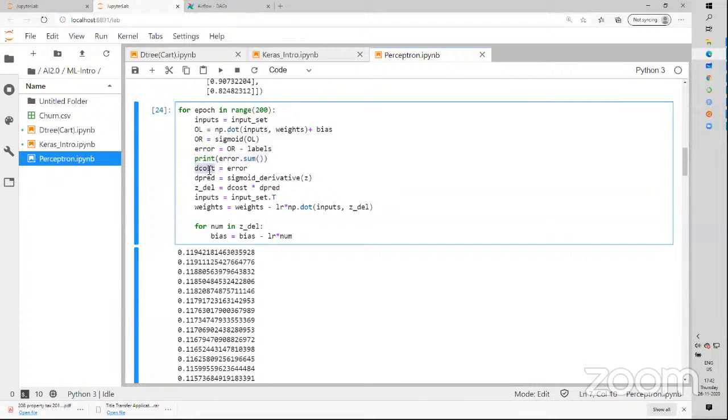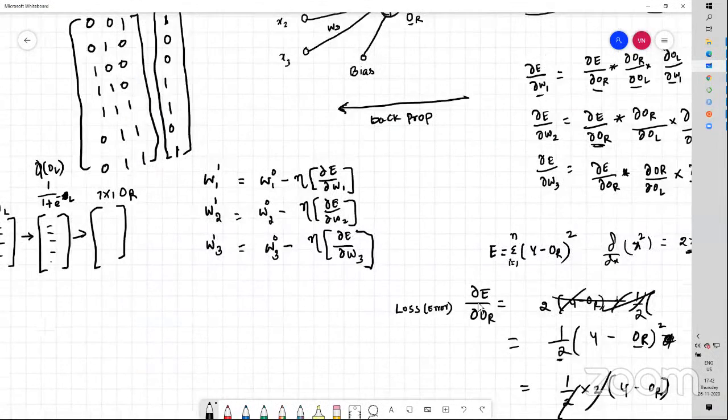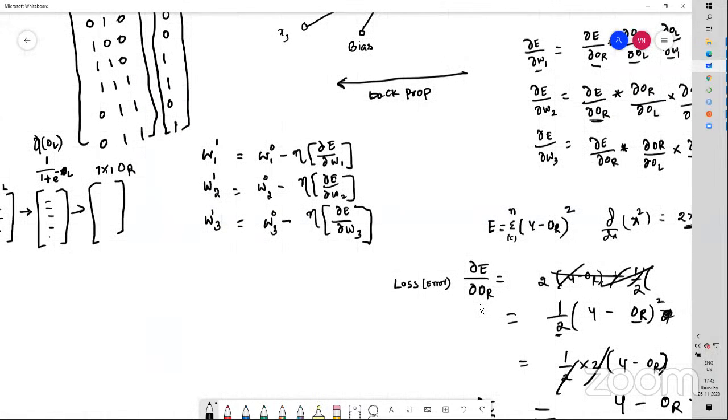So the first derivative, what is the first derivative? Let's call the first derivative dou E by dou OR, and I am naming it as dcost. Just a minute, I lost my pen. Here it is. Okay, so let me show you.